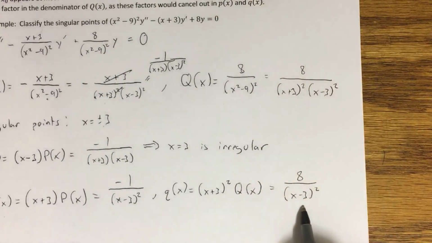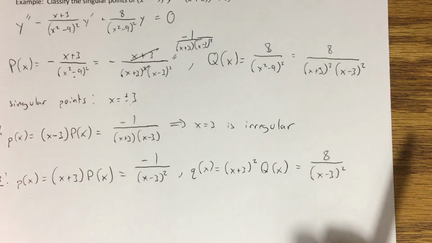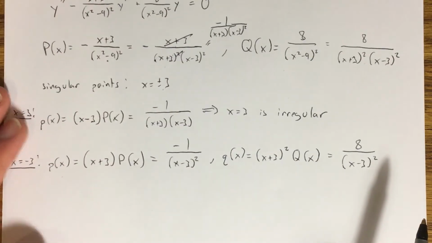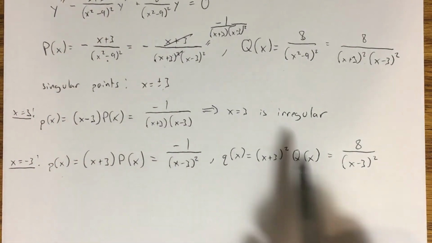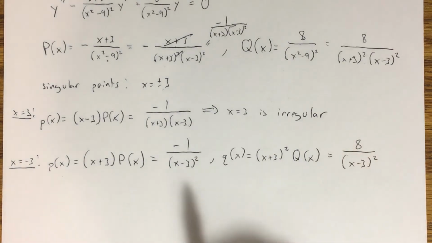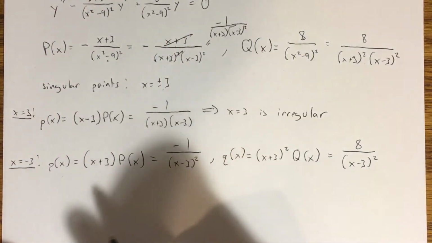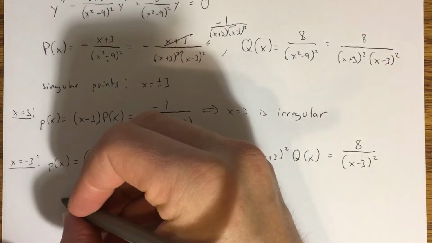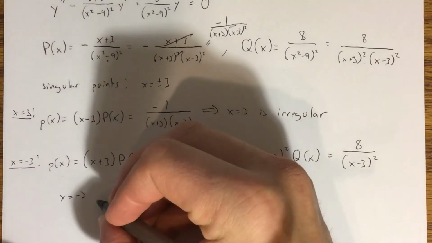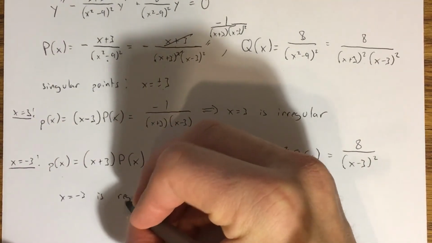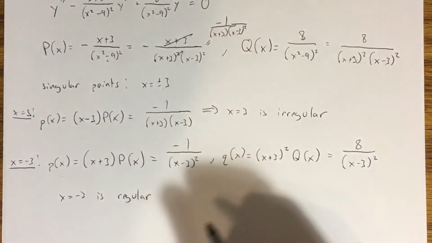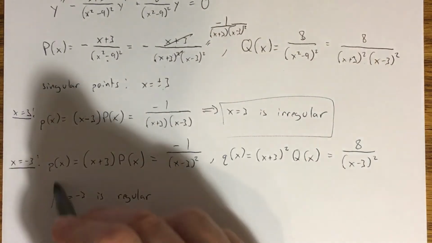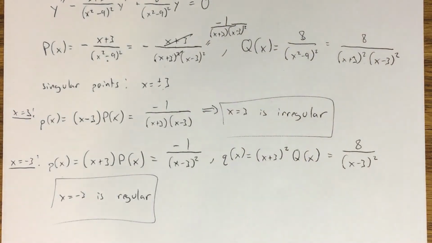Notice here as well, negative 3 is in the domain of this function, which makes this function analytic at negative 3. So in that case, we can say that both little p and little q are analytic at the point x equals negative 3, so that makes x equals negative 3 a regular singular point. Okay, so that classifies those two singular points.